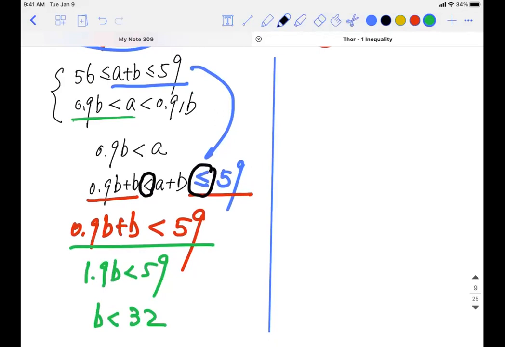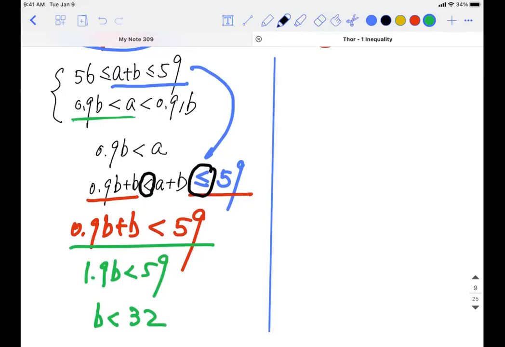Then I can plug into the original equation, which can be 56 smaller or equal to a plus b smaller than 0.91b plus b, and it can be simplified to 56 smaller than 1.91b, and divide by 1.91 on both sides, and it will be 29.31494 smaller than b.